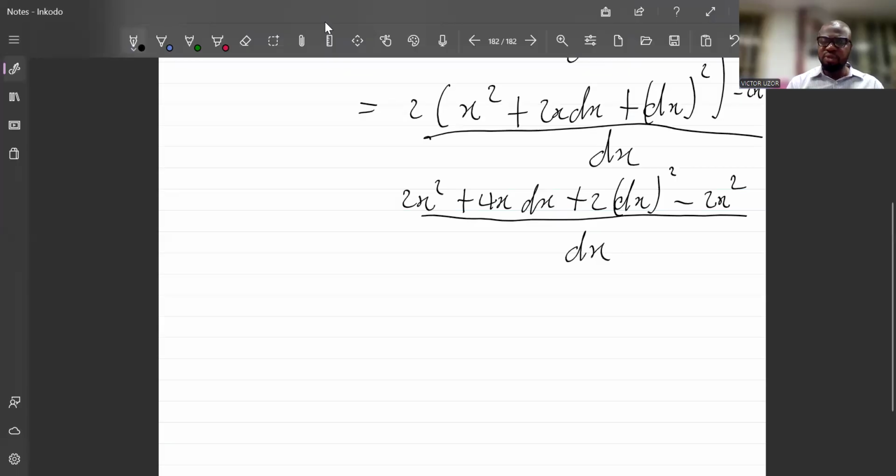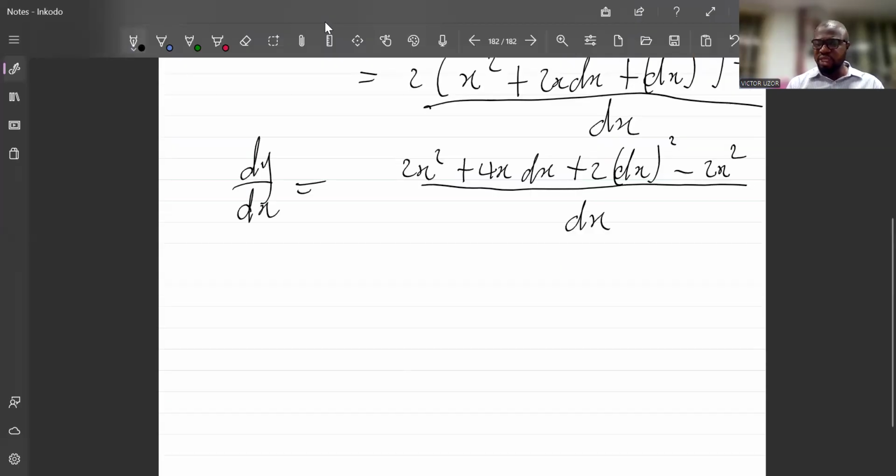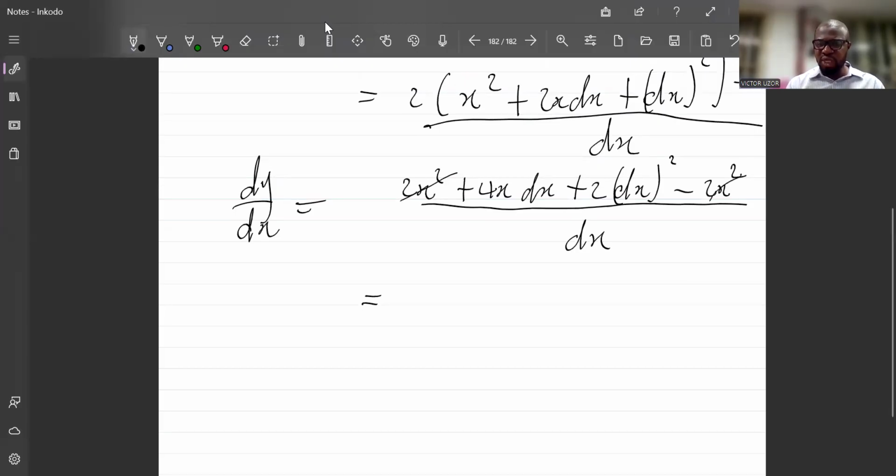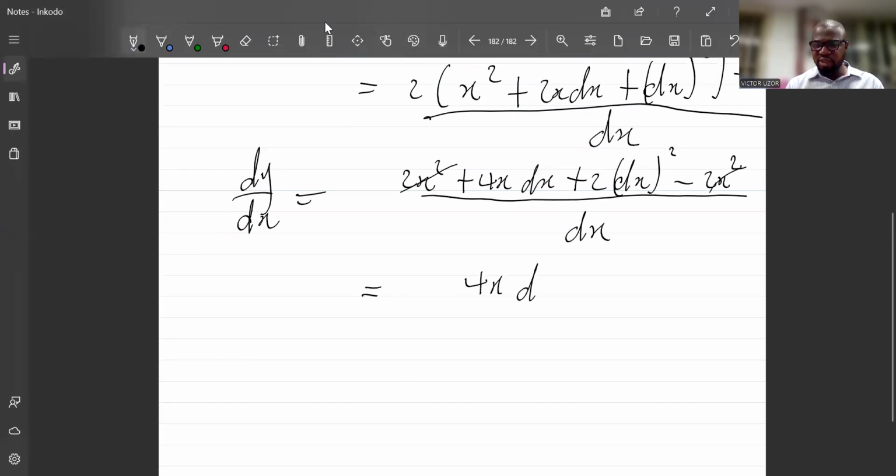So at this place now, remember this is dy over dx. At this point, the 2x squared and negative 2x squared will remove each other. So now I will have 4x dx plus 2 dx squared all over dx.